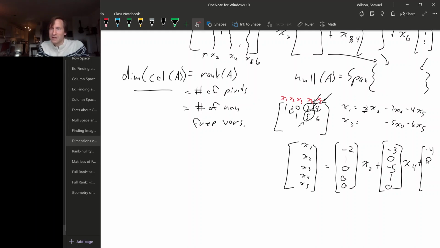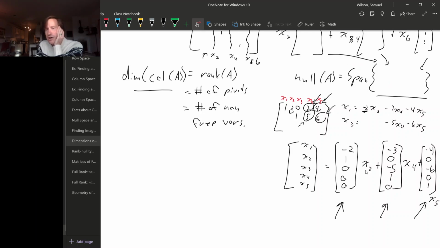For x3, we need a minus 6, and that's the negative of that entry in our reduced echelon form. And then no x4's, and then we need x5 to be x5, so we need a 1 right here. And this is times x5. Okay, well, this shows that these so-called basic solutions do span the null space, which is what I was saying before.